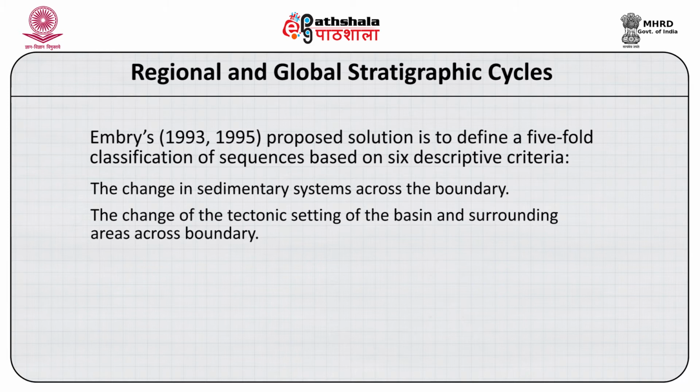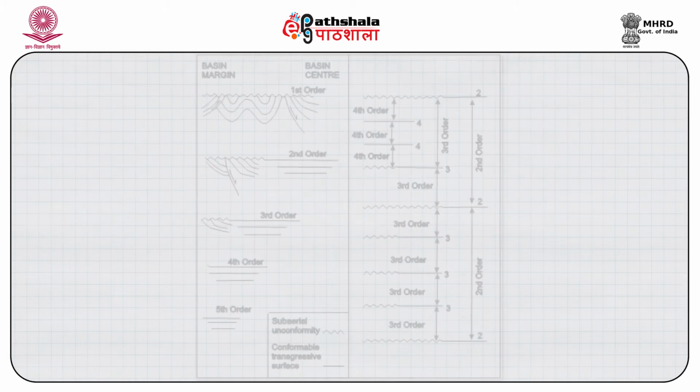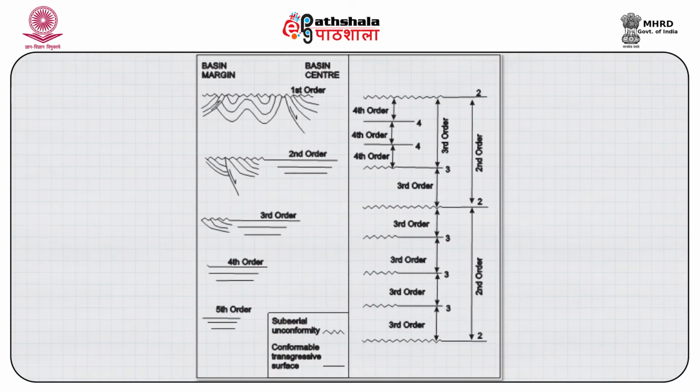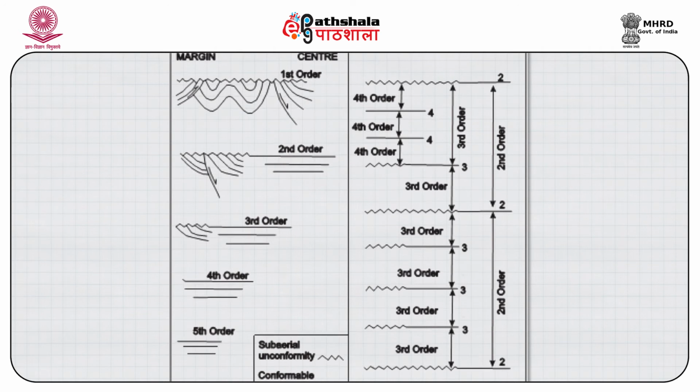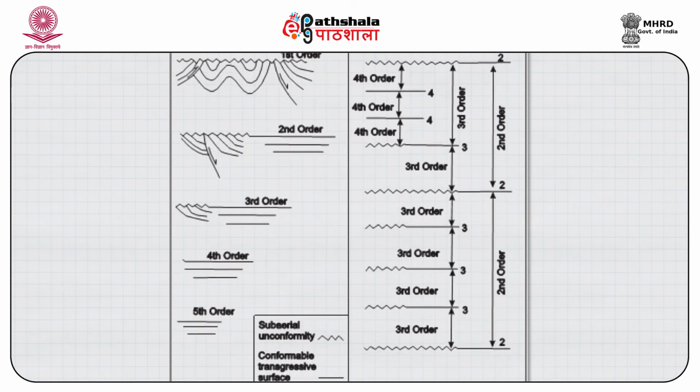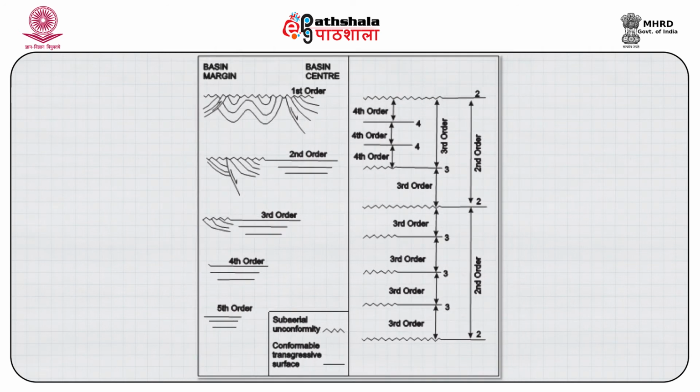The application of these criteria to a sequence classification is illustrated in this diagram. Look at the figure. This is a hypothetical representation of stratigraphic cycles proposed by Embry in 93-95. Note that the sequence bounding surfaces of different orders across the basin margin to the basin center, and different orders of cycles, have been shown.